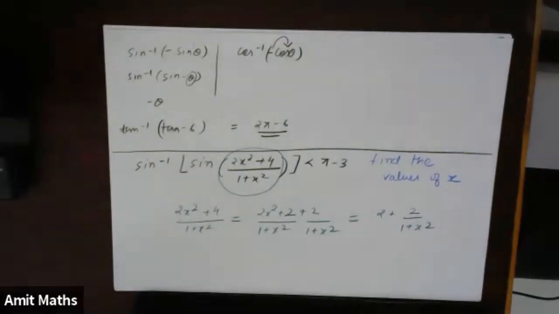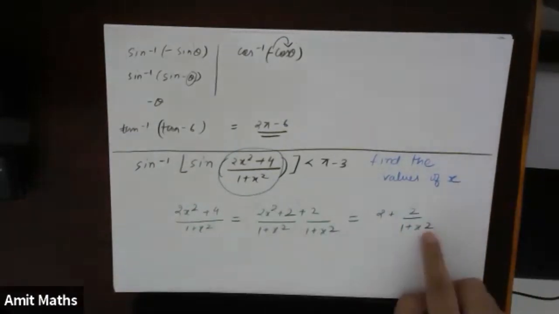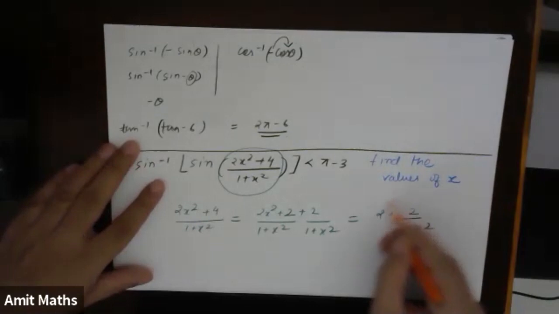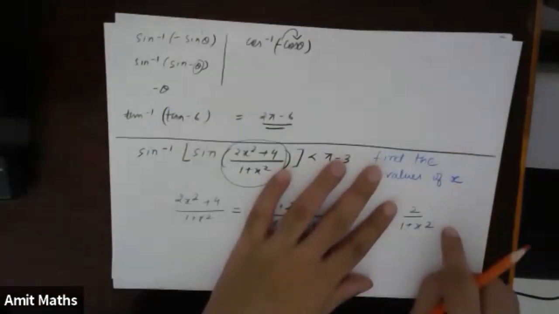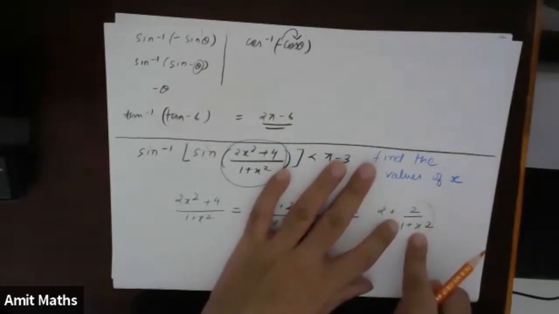Okay. Now let's see what is the range of this thing. X can take any real value. So the range of this part: this thing can be maximum 4, right?